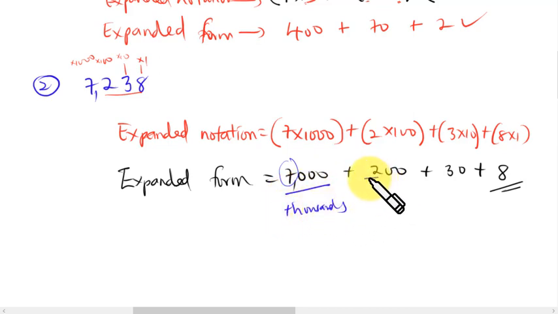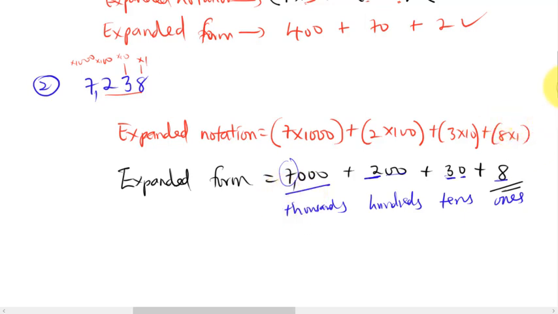Looking at the digit 2, it belongs to the hundreds, because we have 200 here, and then the digit 3, it belongs to the tens. The digit 8 stands alone, so that is the ones. So we have 8 ones, 3 tens, then 2 hundreds, then 7 thousands. All right, so that is how we write it.